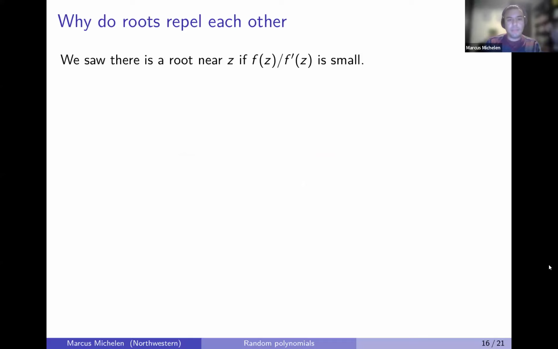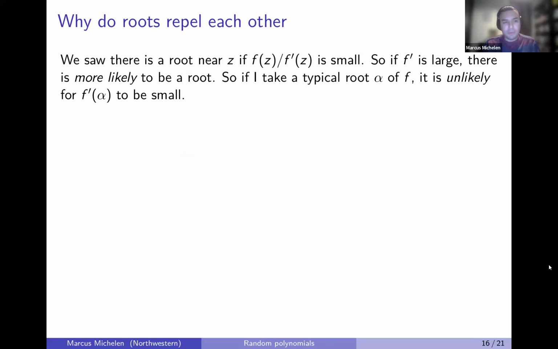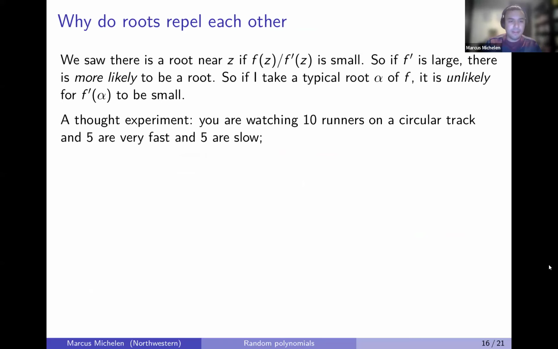So we saw there is going to be a root near z if f over f prime is small. So if f prime is large, there's more likely to be a root there. So if I take a typical root, f prime does not want to be small. Now, there's another way you could think about this, which is like imagine you're watching a bunch of people running on a circular track, and 5 are really fast and 5 are slow.